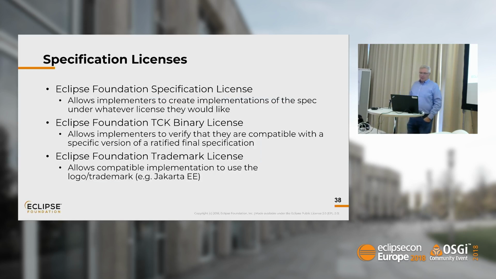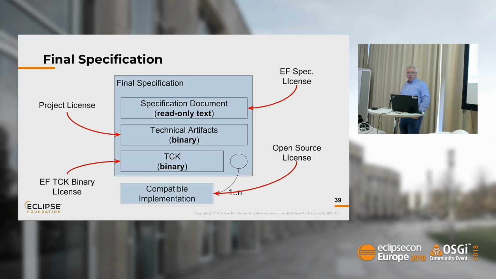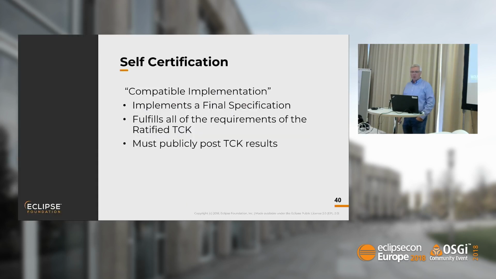So we have spec license, TCK license, and a trademark license, and then we'll talk a second about the trademark license. So this is a bit about what we were talking about earlier about how these artifacts get transmogrified from being open source into being special once the spec is final and ratified. Of course, the compatible implementations are always under an open source license.